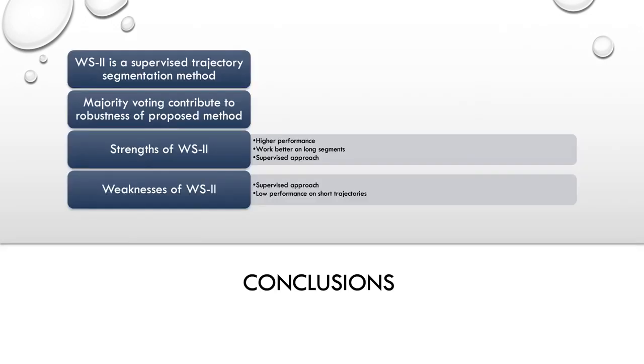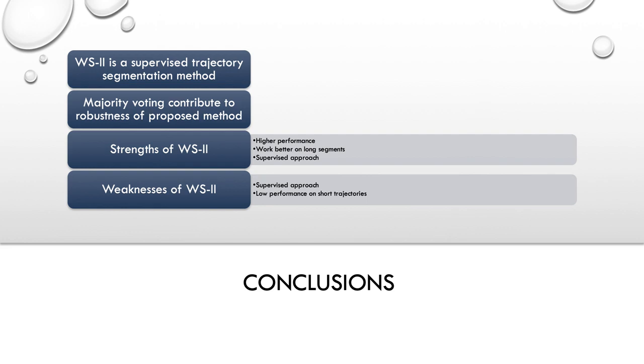In summary, to our knowledge, WS2 is the first supervised method for trajectory segmentation. It benefits from the majority vote to make more sound decisions on the placement of partitioning position and segmenting trajectories.